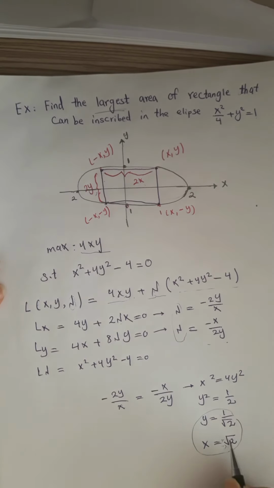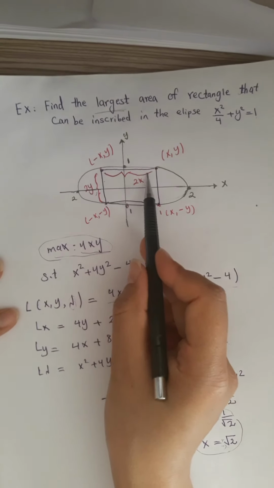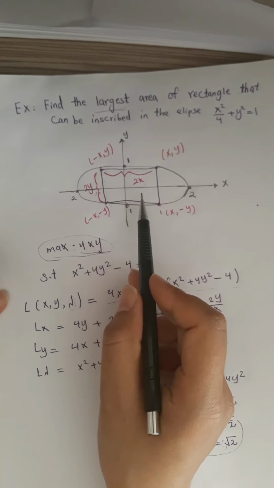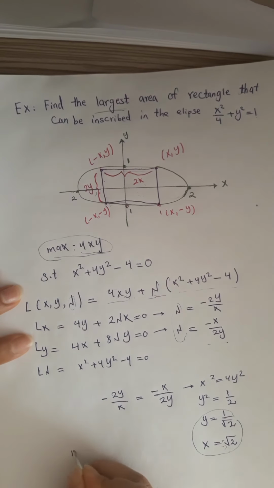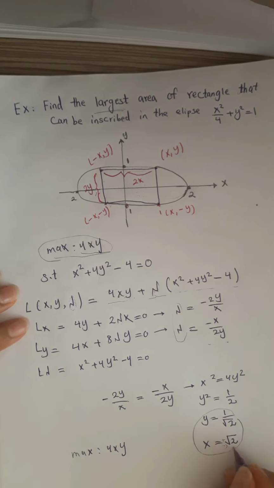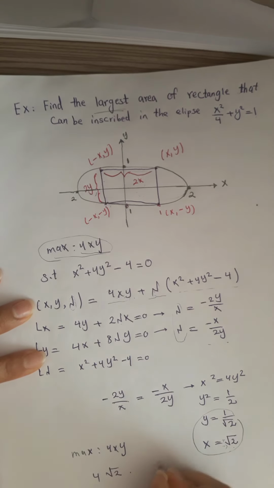And I will put these values into the max value that I have here, the max region of this rectangle. We know that max is equal to 4xy, so I will put in place of x and y their own numbers.